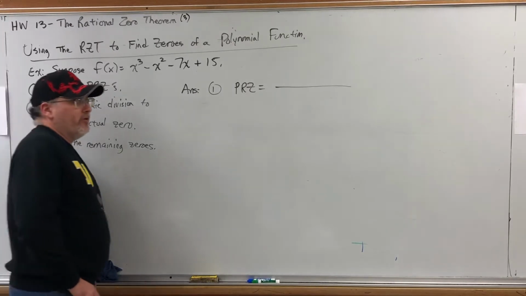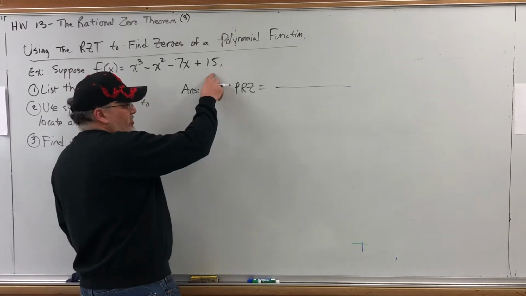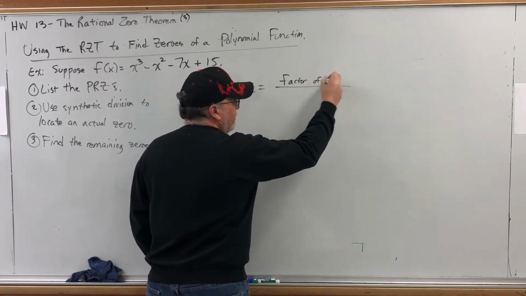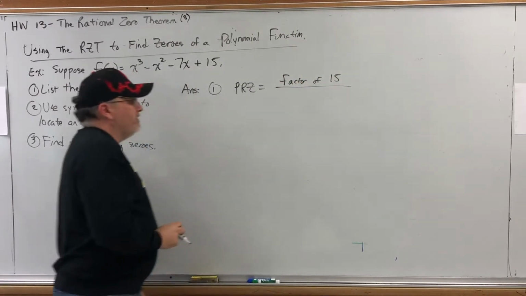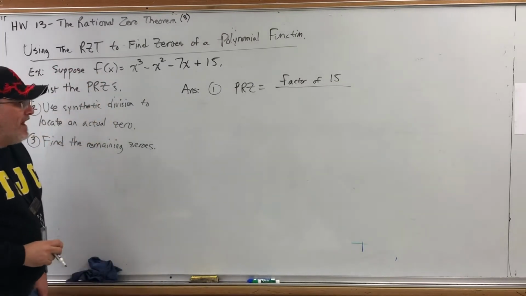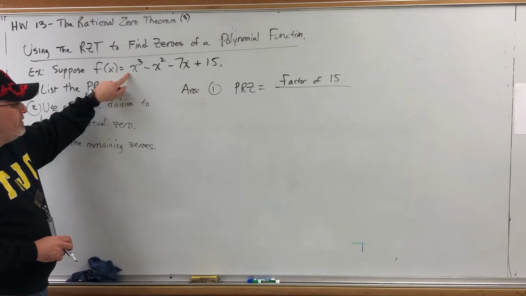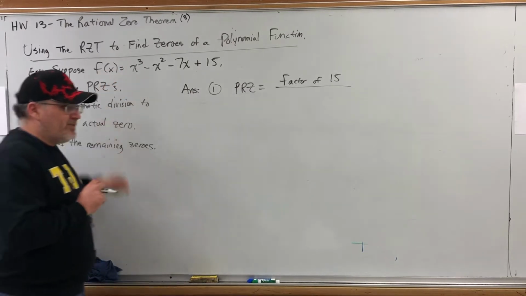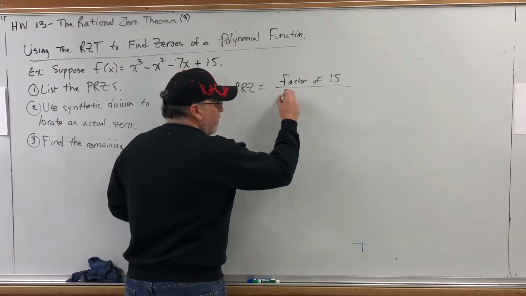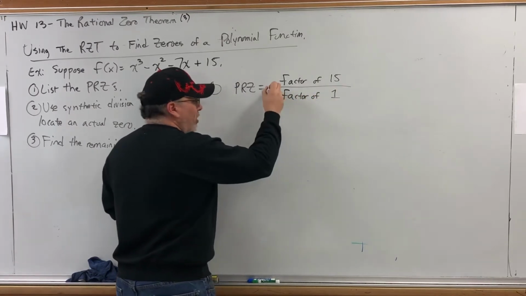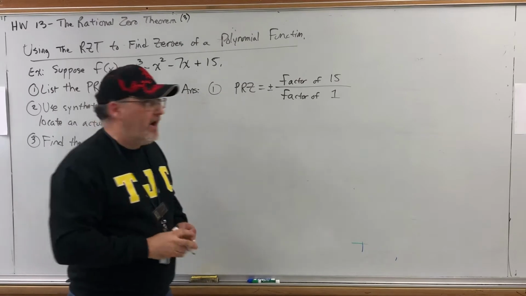The numerator will be a factor of the constant term. So on the top, we need to write factors of 15. The denominator will be a factor of the leading coefficient. Oh, I don't see it, because it's the number 1, best leading coefficient to have. Because on the denominator, it has to be a factor of 1. And keep in mind that all of these will be of the plus-minus variety.